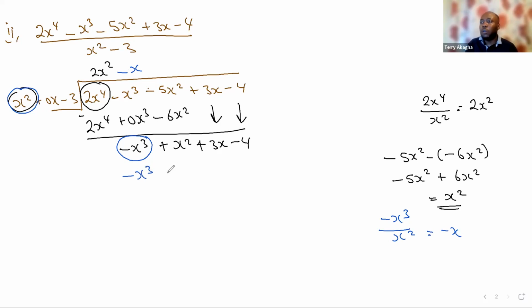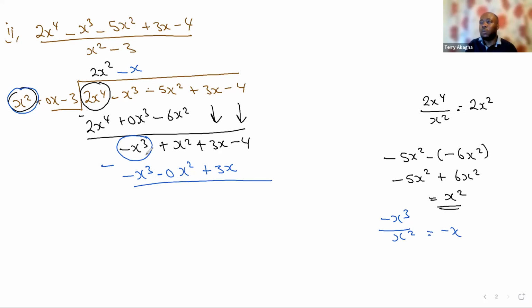Minus x times 0 is going to give you minus 0x squared. Then minus x times minus 3 will give you what? Plus 3x.